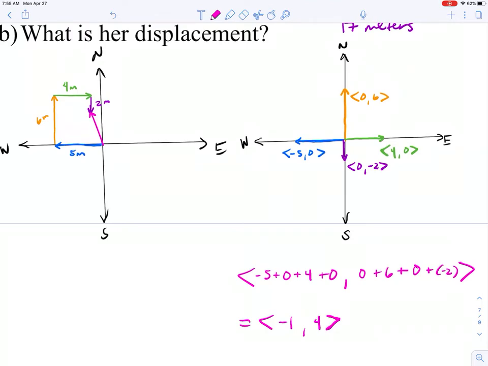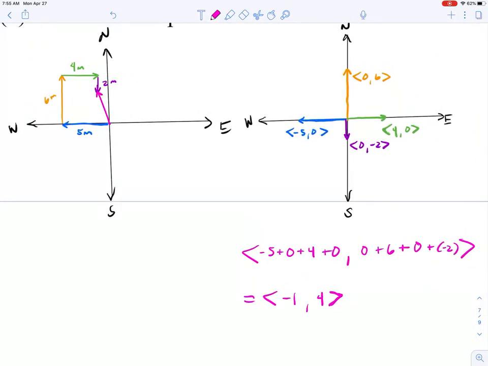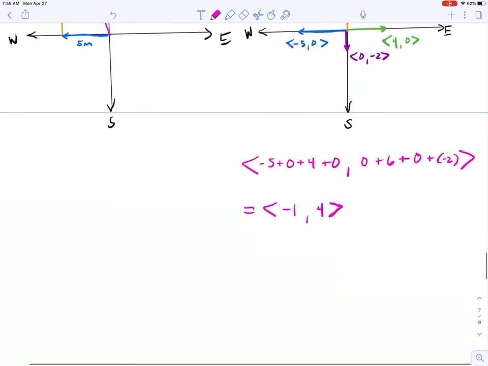So we get -1, 4. Okay, so that makes sense then for our resultant vector, our displacement vector, terminating in quadrant 2. So this point right here where that vector terminates would be the point -1, 4.